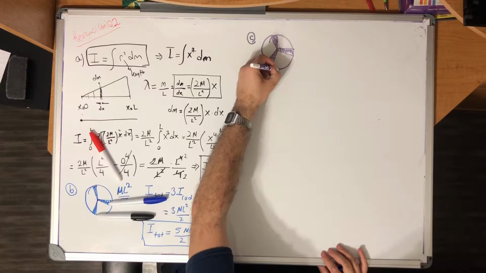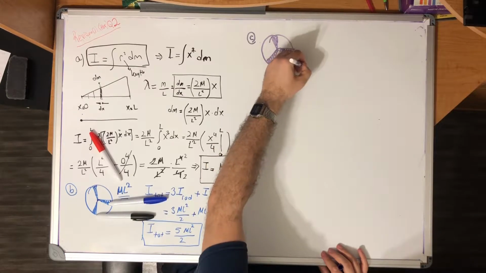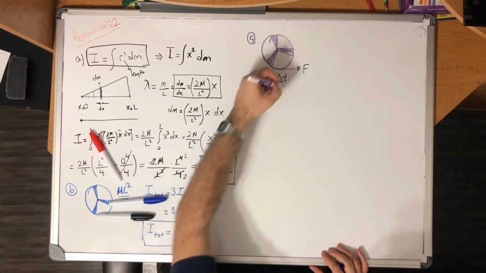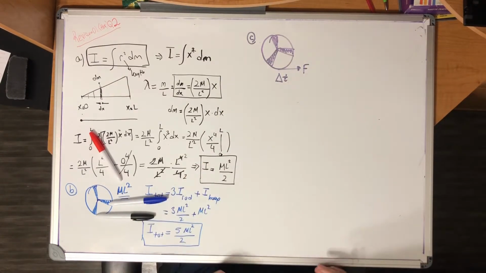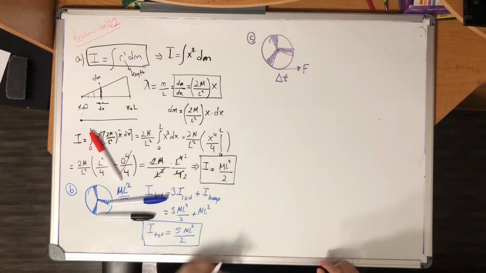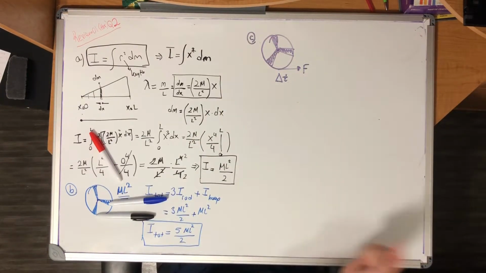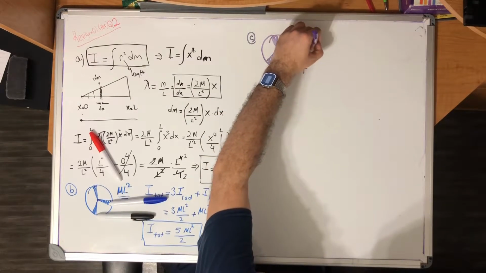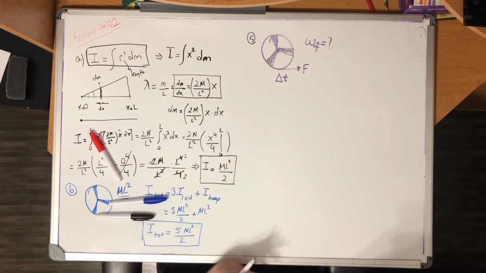So they apply some force over a period of time, delta t, and the disk is able to rotate from the center, so it's not going anywhere, it's just spinning around itself, but you are applying a force from the edge of that disk, and the question is, what will be the final omega? What will be the final velocity of that disk?